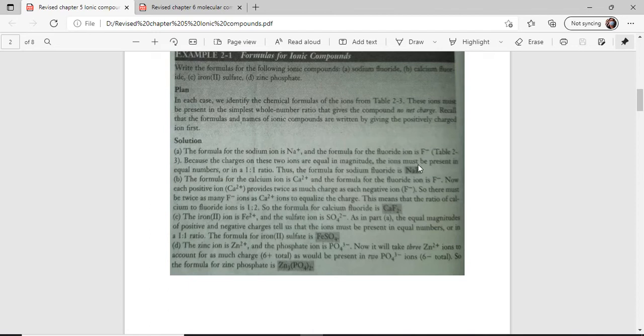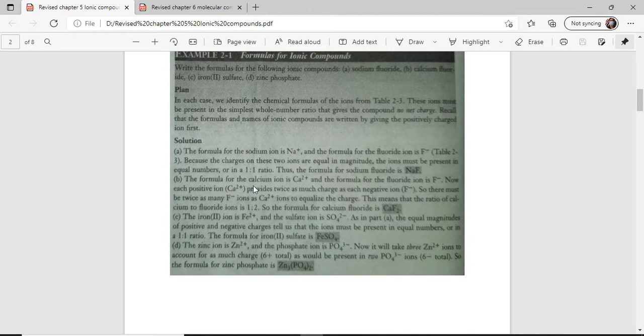The ions must be present in a ratio of 1:1. You don't need to add more. Thus, the formula for your sodium fluoride is simply NaF. Simply add their symbols, which is Na with a small letter and F with a capital letter. That is your ionic compound for sodium fluoride.